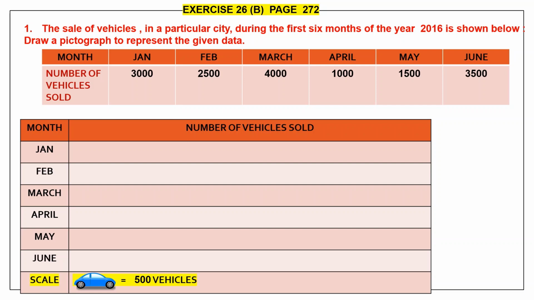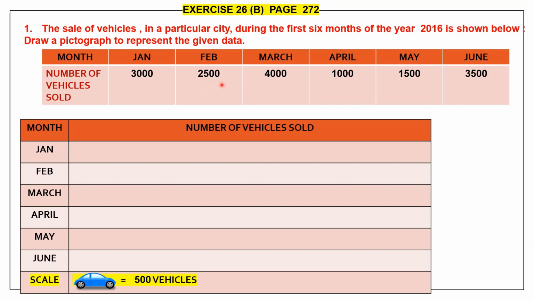How do we choose the scale? Think of a number that can divide all the numbers that you can see here: 3,000, 2,500, 4,000, 1,000, 1,500 and 3,500. 500 can divide all these numbers. If I use 1,000, it can divide 3,000 but not 2,500.